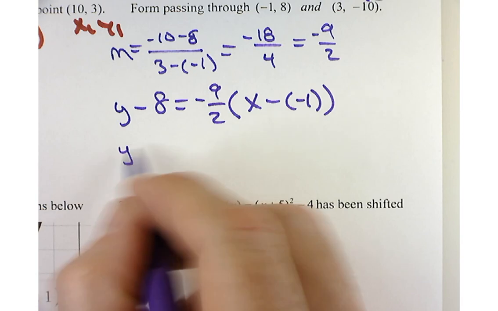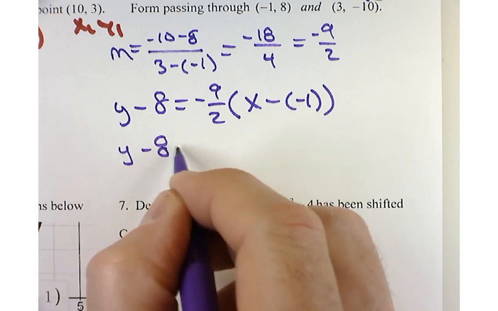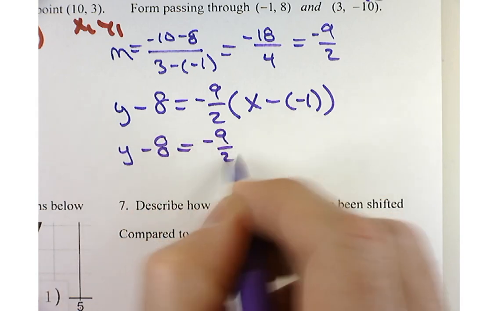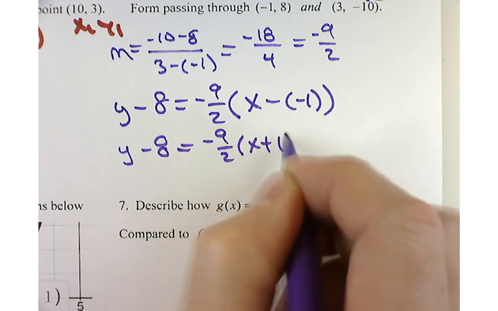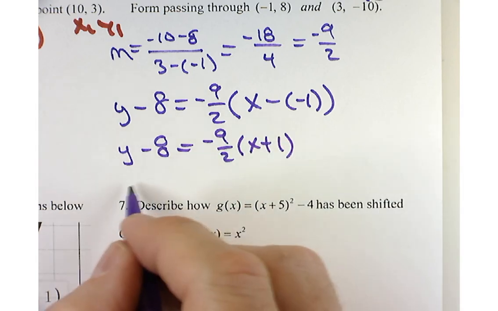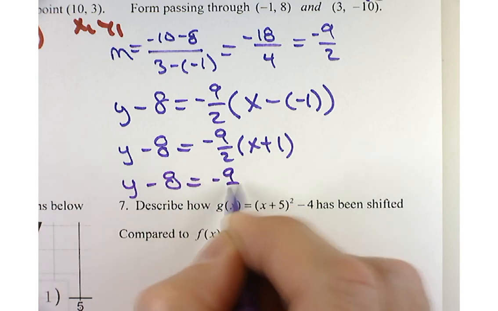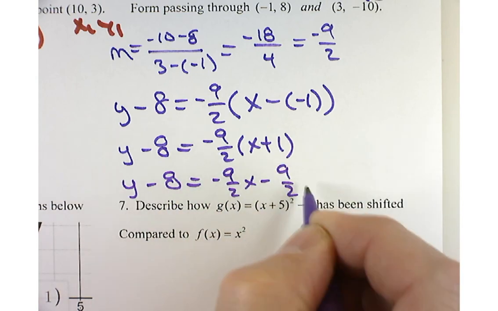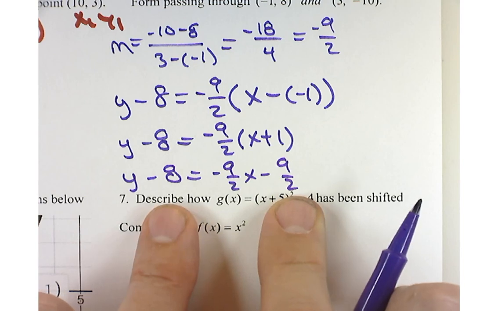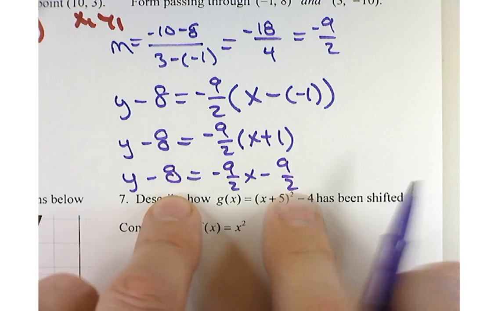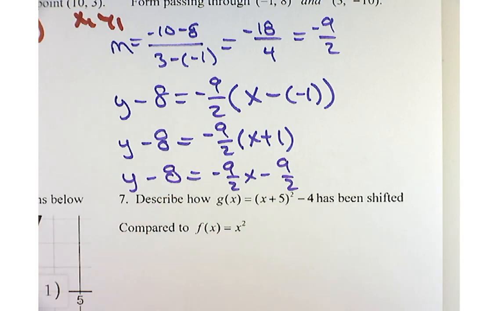So that's y minus 8 equals negative 9 halves times x plus 1. So y minus 8 equals negative 9 halves x minus 9 halves.